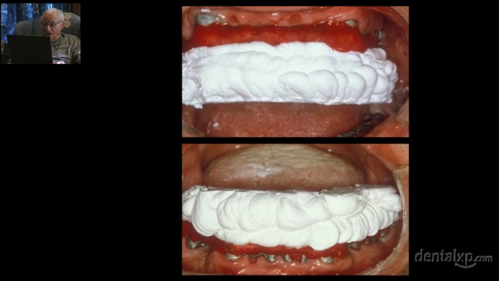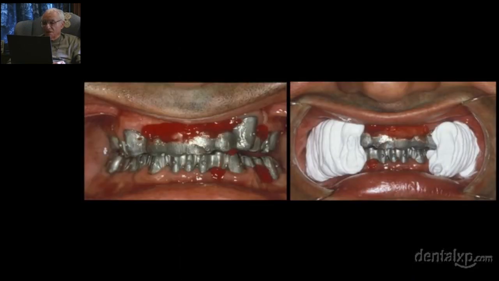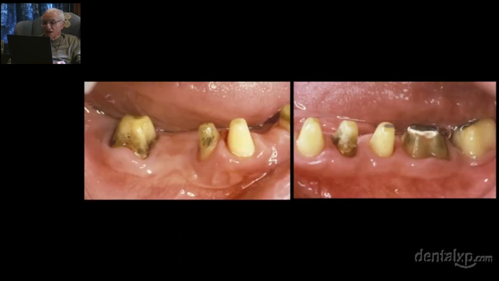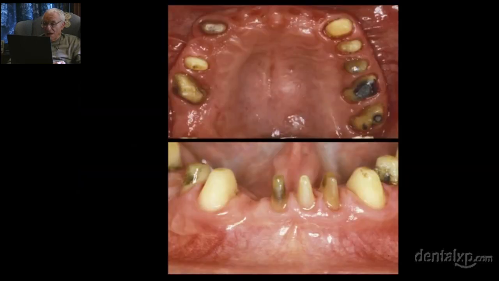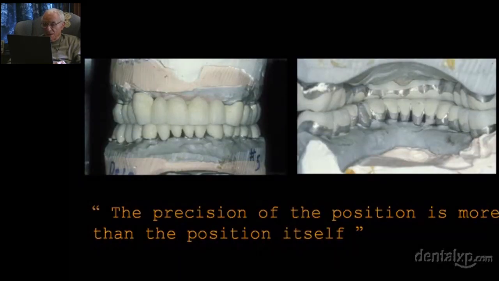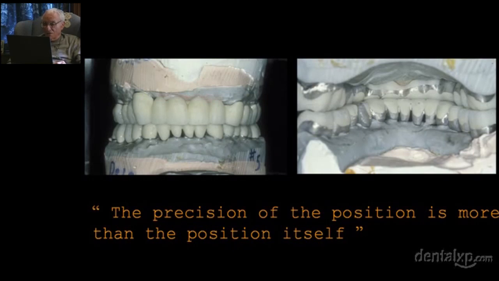Final castings made, assembled in the mouth, centric checks taken, and we can see the condition of the tissues. And I'd like to quote a statement made by Frank Celenza, who was a dyed-in-the-wool bilateral balanced gnathologist, going first to disclusion, and then to the fact he made a statement that I thought was very critical.